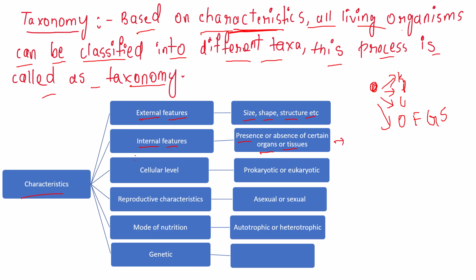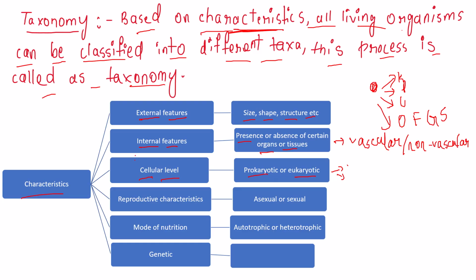For example, we have vascular and non-vascular plants. Then some of the characteristics at the cellular level. At the cellular level, we'll see prokaryotic or eukaryotic. They are again divided into different kingdoms, different phyla, based on which organisms are prokaryotes and which are eukaryotes.